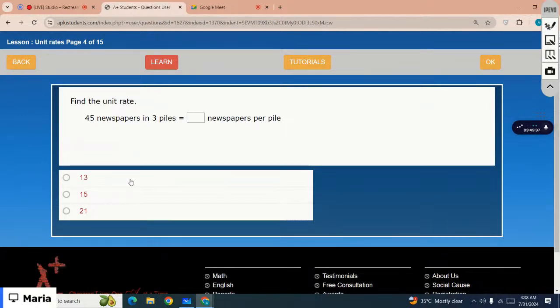Yes, that is 15 newspapers per pile. The correct option is 15.